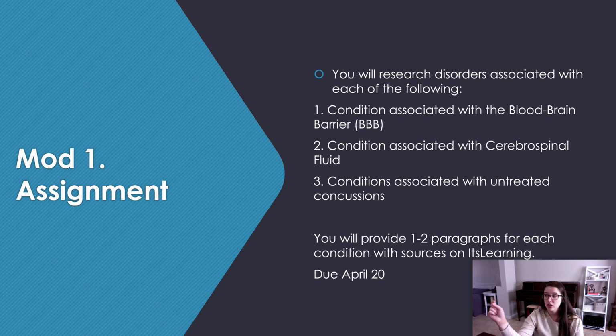You can look at a condition caused by damage to the blood-brain barrier, or a condition that cannot be cured or treated because of the blood-brain barrier. So I already gave you the example of Parkinson's, so that's off the table. But there's other scenarios where the blood-brain barrier is kind of making treatment options difficult.